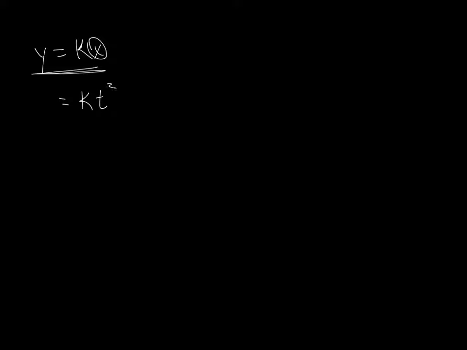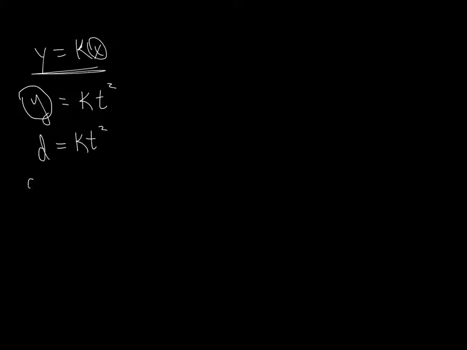And it says we're squaring the time, right? So y equals k times t squared. Okay, so they're also saying the distance is directly proportional. So let's call that d for distance instead of y. It doesn't matter what variables you use. When you use d for distance and t for time, it just reminds you a little bit more of what they stand for.